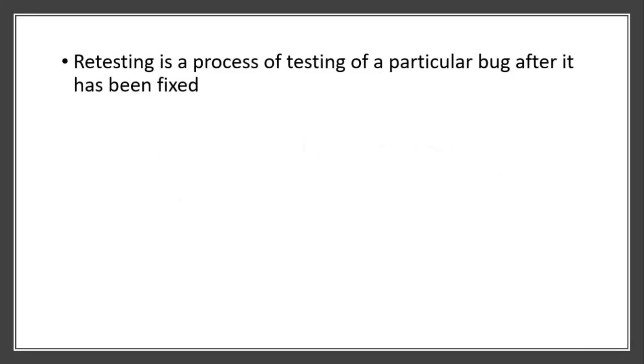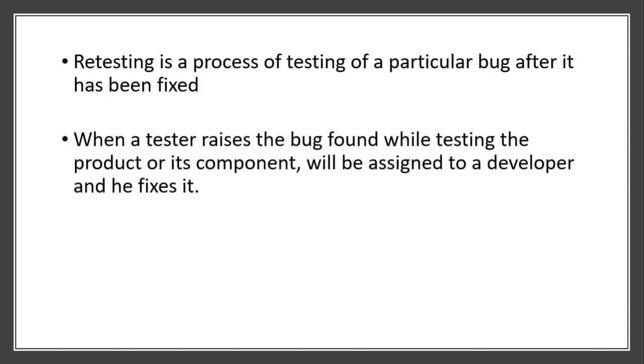Retesting is a process of testing a particular bug after it has been fixed. As the name suggests, we are performing a task again. When a tester raises a bug found while testing, the product or its component will be assigned to the developer and he will fix that bug.